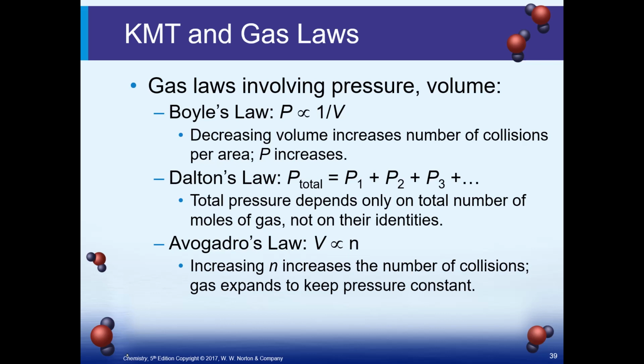Well, if we increase the number of moles of gas in the container, and we want to keep pressure constant, we're going to increase the number of collisions with the size of the container. So the only way to keep pressure constant is to have a larger volume.